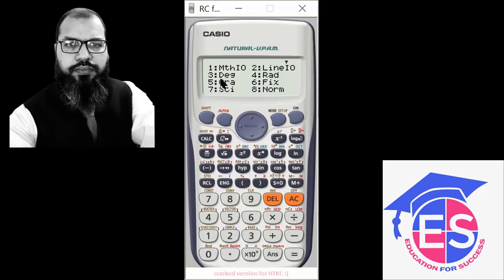Press 3, then it will come to D. It must be at D. Then we will go towards the lessons, how to calculate things.